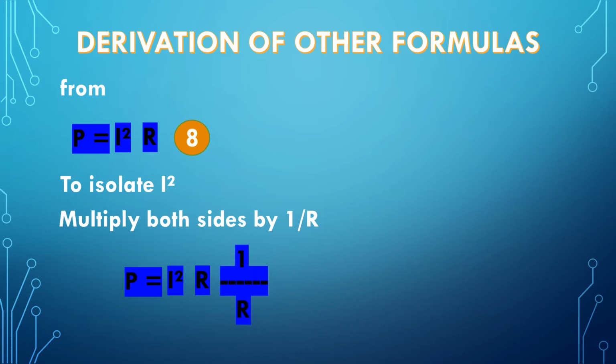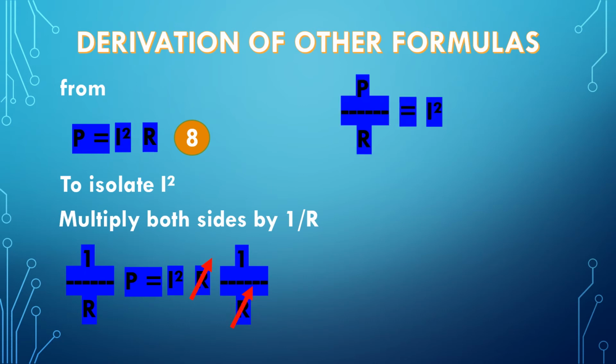We multiply it by 1 over R in the right side and 1 over R in the left side, so that we can cancel R. What remains is P over R is equal to I squared. We can rewrite it also as I squared is equals to P over R.